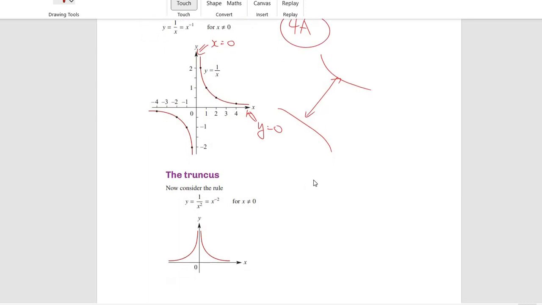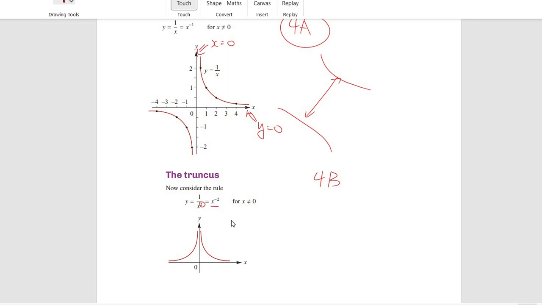In 4B of the textbook, we're going to mainly focus on another type of graph, which is called the truncus. As you can see, if you compare the function of these two, the truncus is defined as y equals 1 over x squared. By flipping the power, you end up with x to the power negative 2.